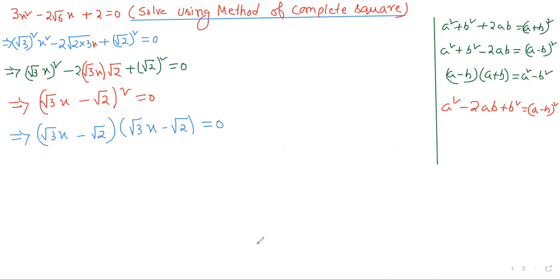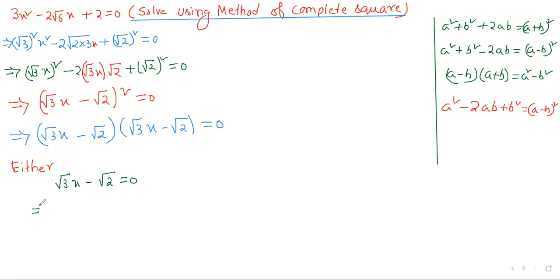So we can write either root over 3 into x minus root over 2 is equal to 0.